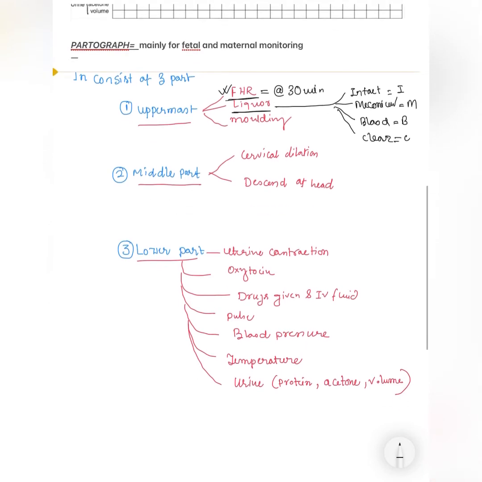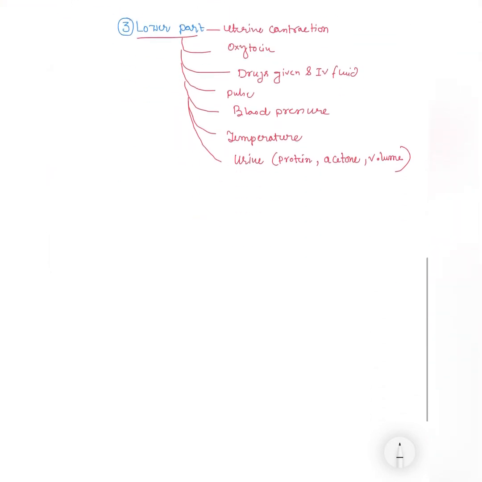Next is the molding. Molding is of the fetal head, in which we look for overriding of the parietal bones. It should be marked as 1 plus, 2 plus, and 3 plus. What are they? 1 plus is when the parietal bones just touch each other.